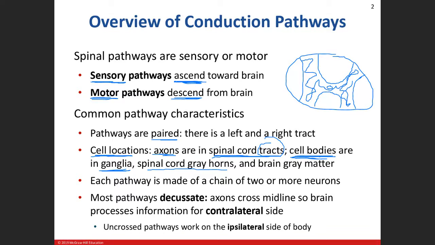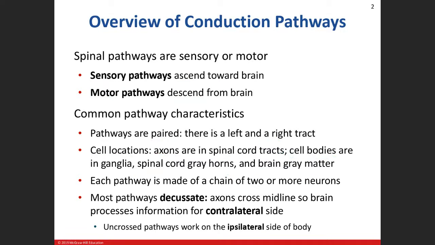So when we talk about the gray horns, we're referring to the gray matter here. This is the posterior horn, this is the anterior horn, then you got one here on the side, called the lateral horn. We'll get into all that, but it's just gray matter. And then finally, the cerebral cortex or any of the brain gray matter. So that's all for the cell locations.